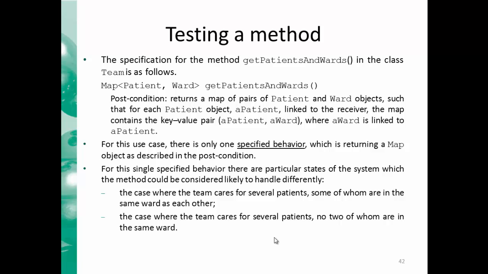So now we study the method and see that the postcondition for this method getPatientAndWards is to return a map of pairs of patients and ward objects. So if you want to know the patients and the wards where the patients are for some particular team, then you need to call the method getPatientAndWards upon the object of type Team.